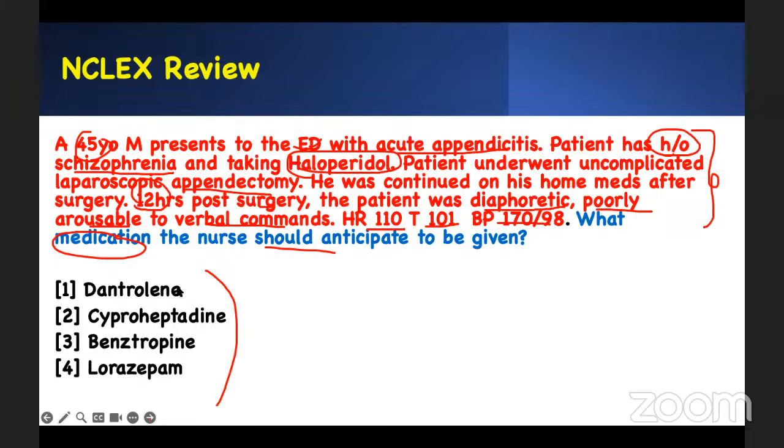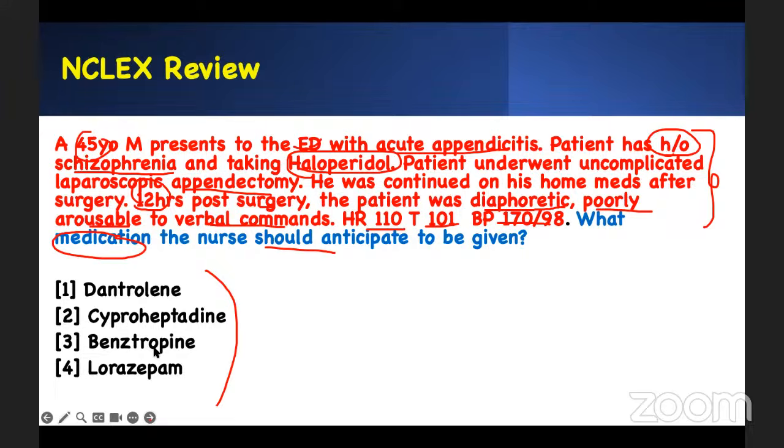Do you think you need to give the patient dantrolene, cyproheptadine, benztropine, lorazepam? Don't pick an answer choice until you figure out what the patient is suffering from. If you don't know what he's suffering from, then you can't answer. You'll be guessing.